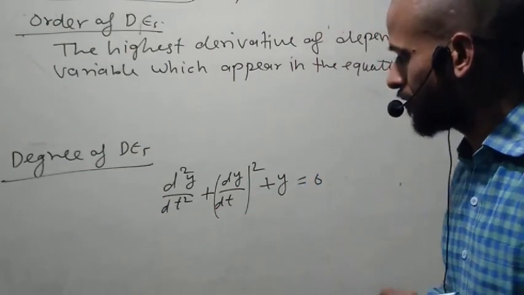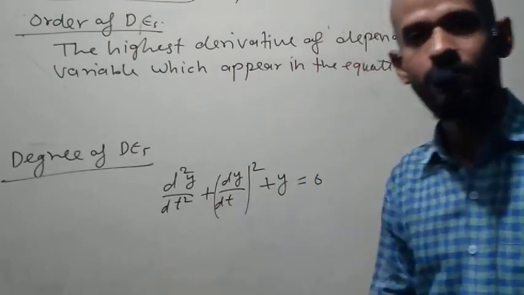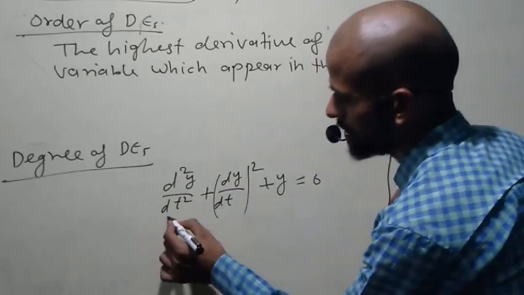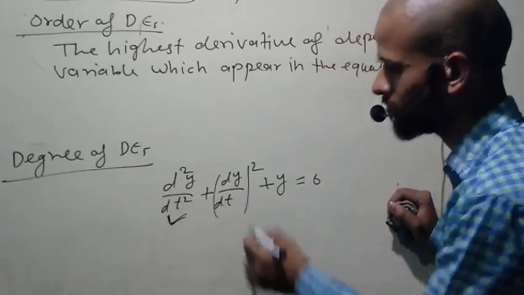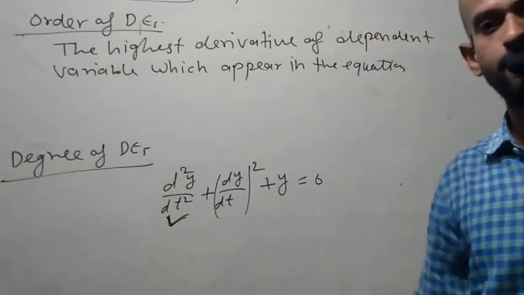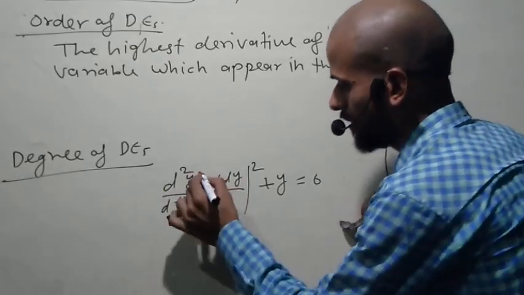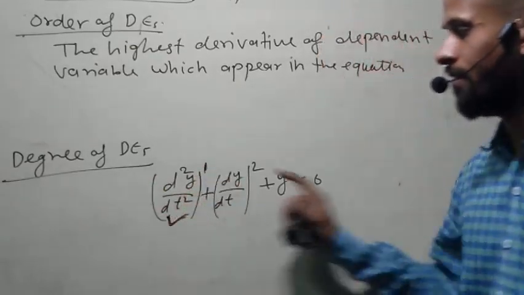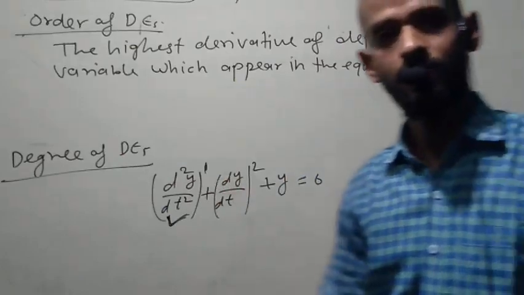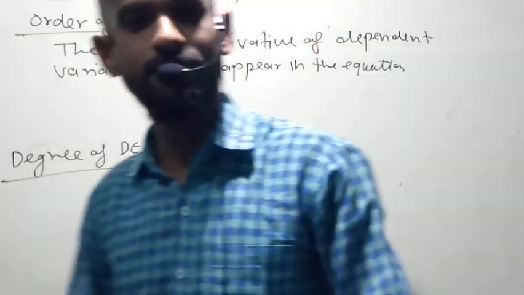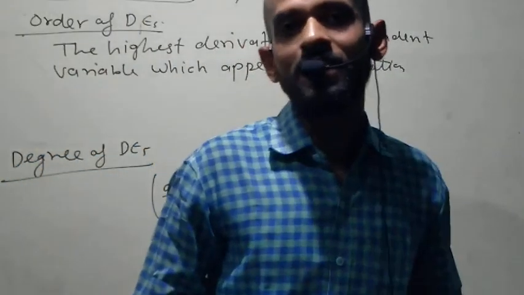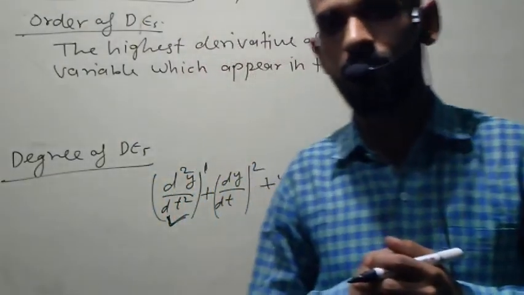So first we have to see what the highest derivative of this equation is. This is second order, this is first order, so this is the highest derivative. And what is the power on this derivative? This is 1. So the degree of the differential equation is 1.